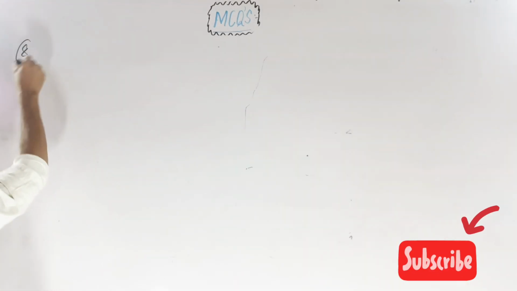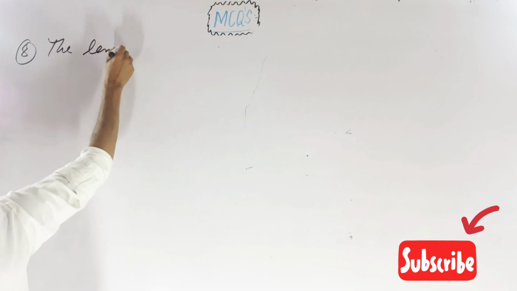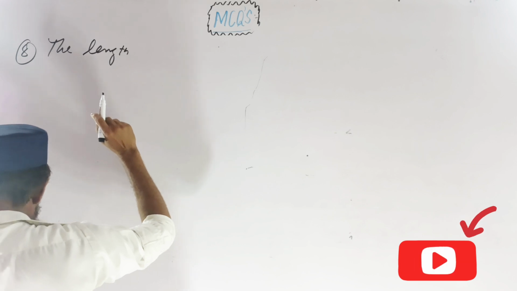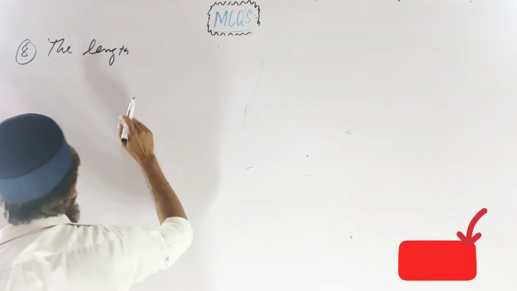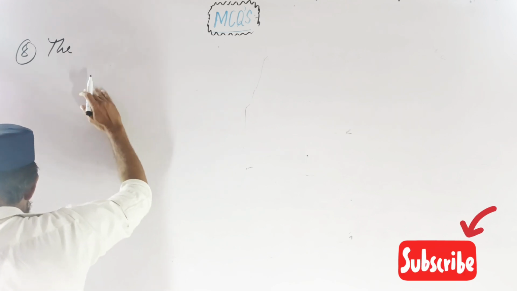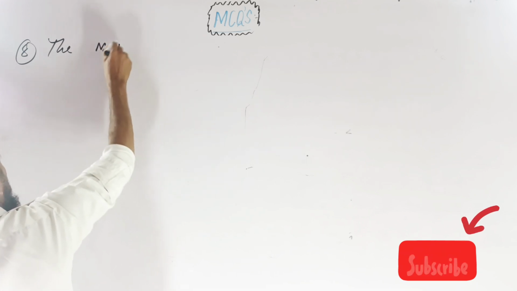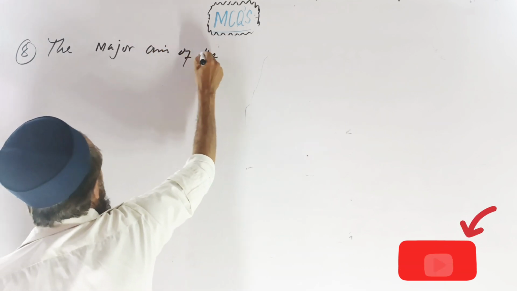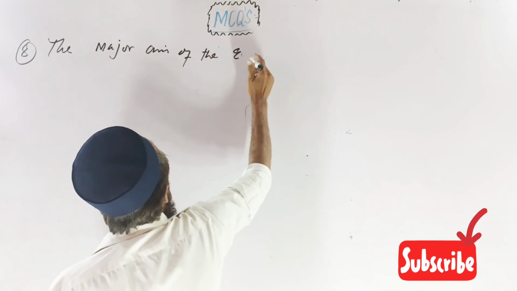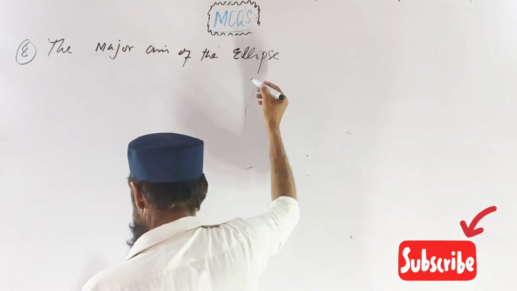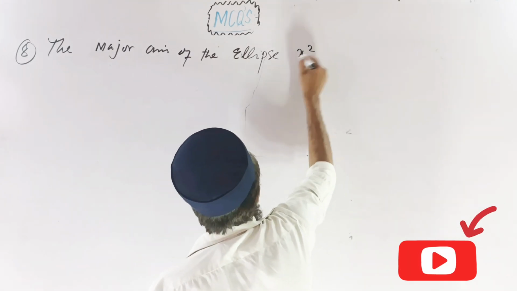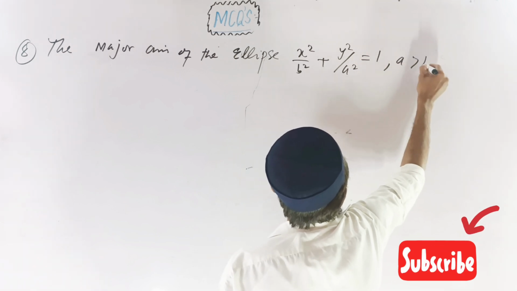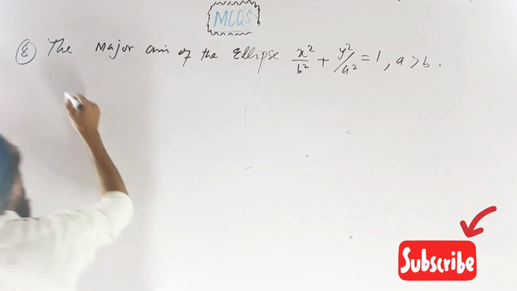Question number 8. The length of the major axis of the ellipse x square divided by b square plus y square divided by a square is equal to 1, and a is greater than b, is what?